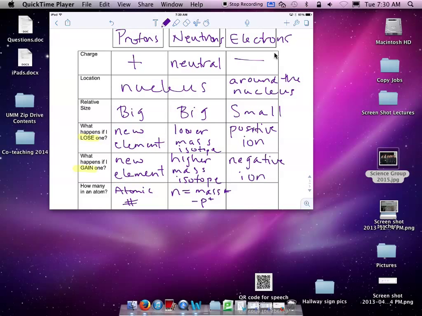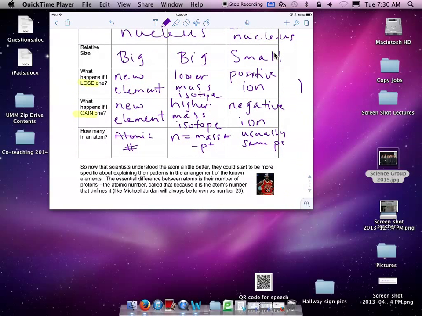And then the electrons are usually the same as the protons, unless there's a charge. So I'm going to put that sort of in parentheses down there. So unless it has a plus or minus charge, then you would either add or subtract electrons based on what the charge is.